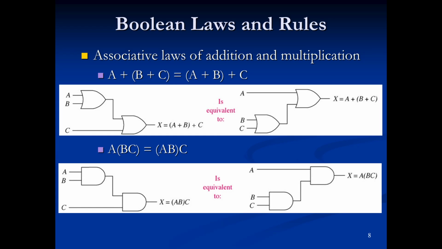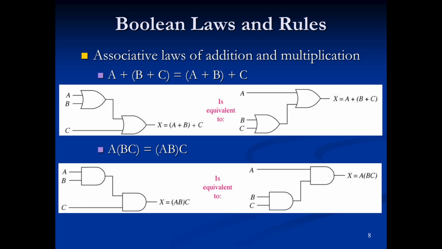The second law is the associative law, also pretty much identical to regular algebra. If you have multiple variables that are all ANDed together, or all ORed together, so they all share the same symbol, either addition or multiplication, it doesn't matter in which order you add or multiply them.